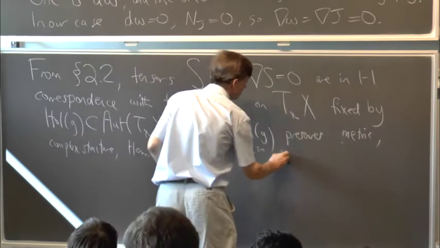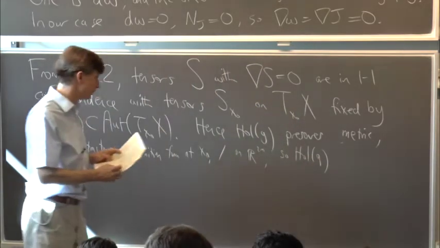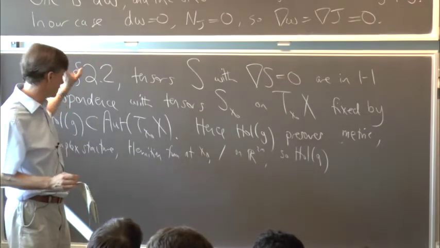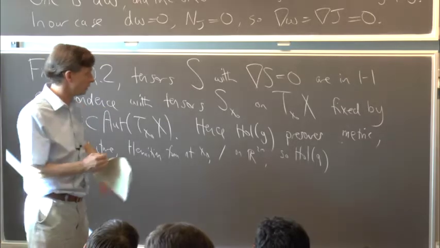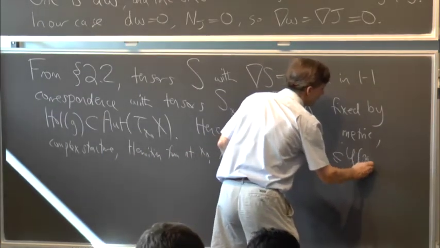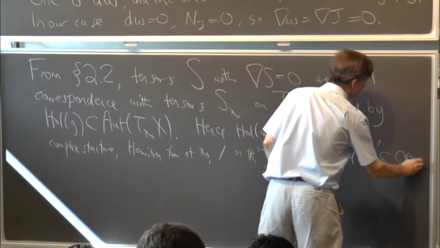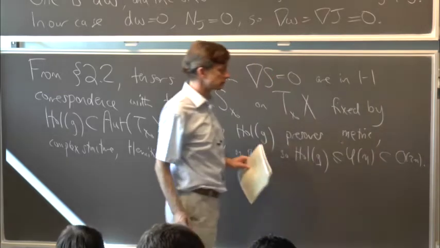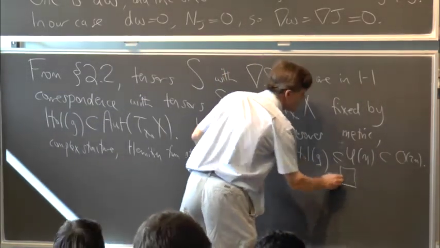The group which preserves the standard metric, the standard complex structure, and therefore the standard Hermitian form on R to the 2m is U of m, the unitary group in O of 2m. Okay, so that's all I'll say about that proof.